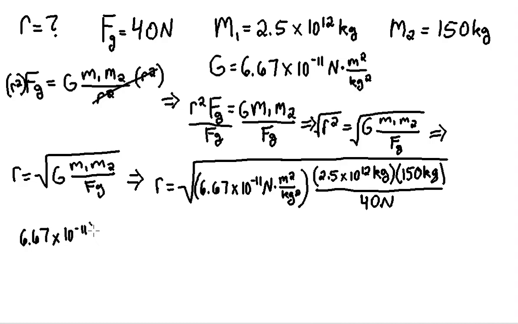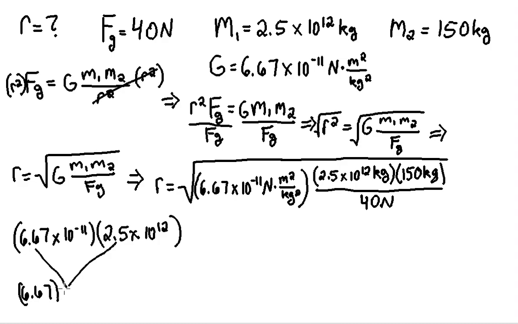6.67 multiplied by 2.5 times 10 to the 12. Alright, so hopefully you remember what to do here. We are going to take our coefficients of 6.67 and multiply them together, 2.5.